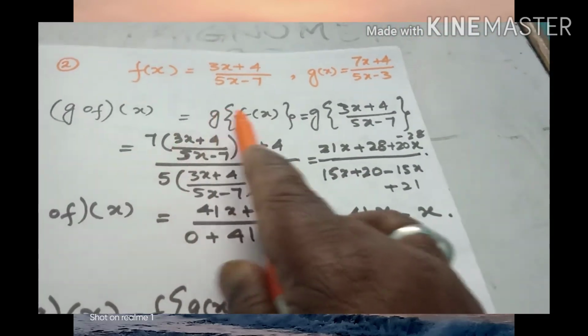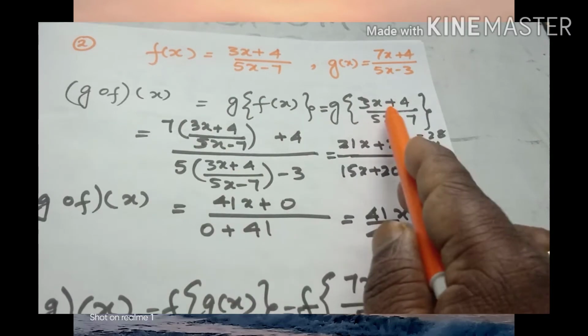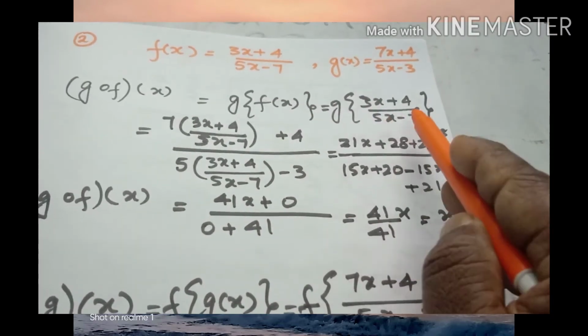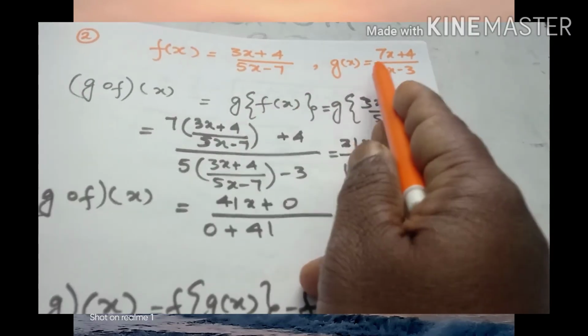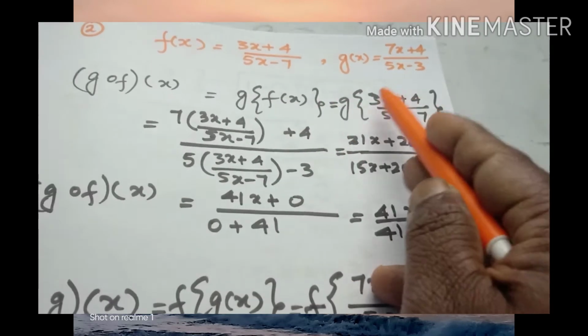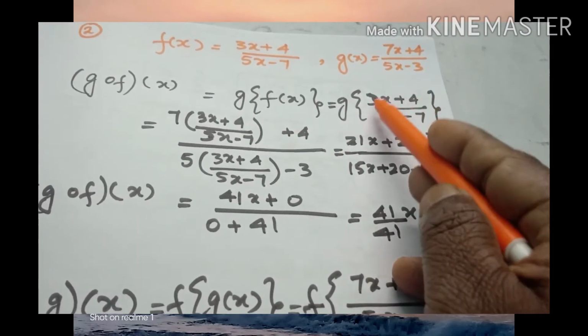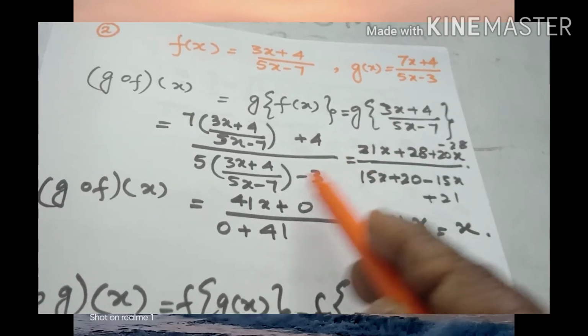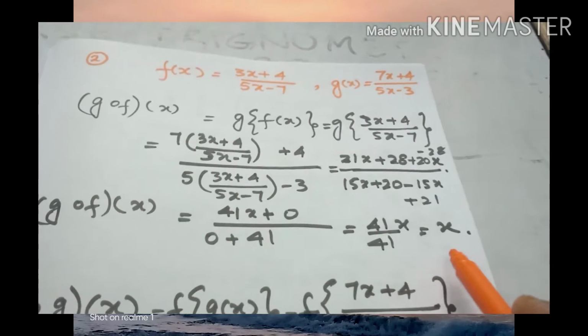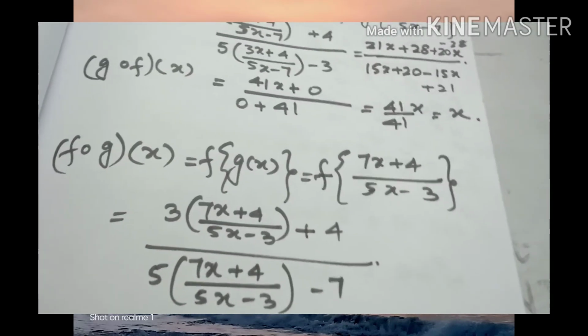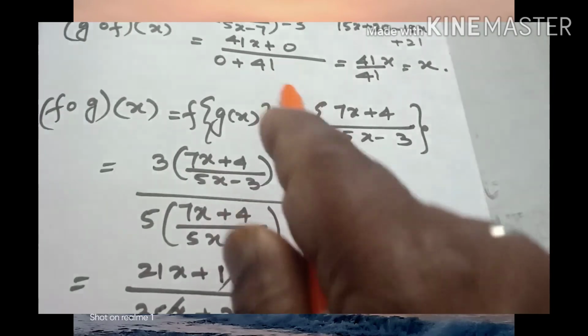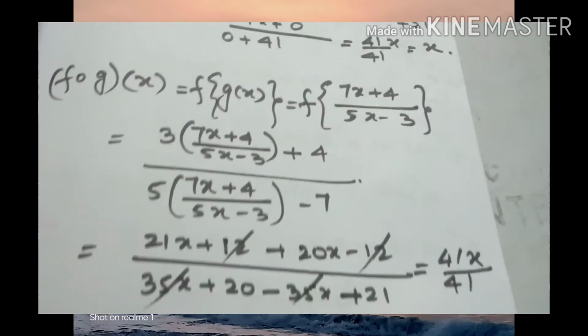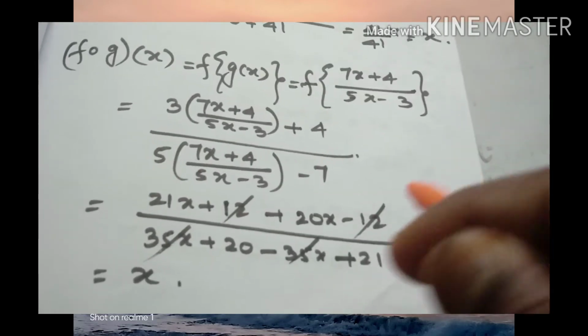So g of fx means in fx we have put this function, and in the function gx, in place of x I have replaced this term 3x plus 4 by 5x minus 7, and after calculation it is x. Same way f of g is done. See, f of g means here the function g is written, and after calculation here also we get f of g is x.